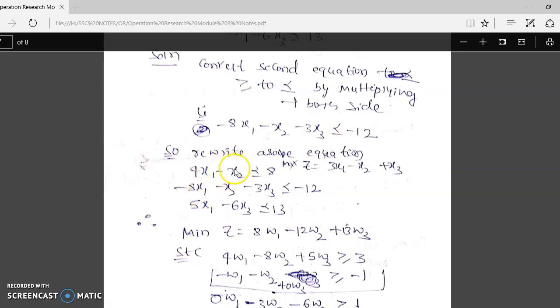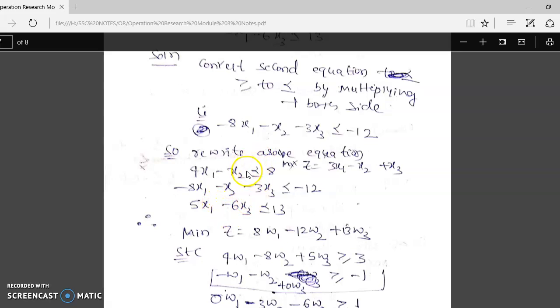5w3. Similarly, for the second equation, minus w1 minus w2, but there is no x2 variable, so we must write 0w3 here. That is 0 minus w1 minus w2 plus 0w3, because there is no x2.